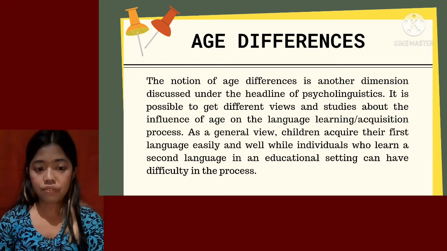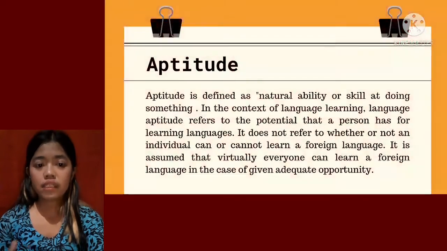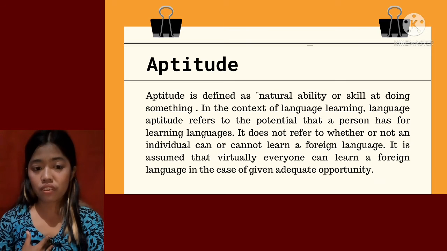As a general view, children acquire their first language easily and well, while individuals who learn a second language in an educational setting can have difficulty in the process. The next dimension discussed in the field of psycholinguistics is aptitude. Aptitude is defined as natural ability or skill at doing something in the context of language learning. Language aptitude refers to the potential that a person has for learning language.